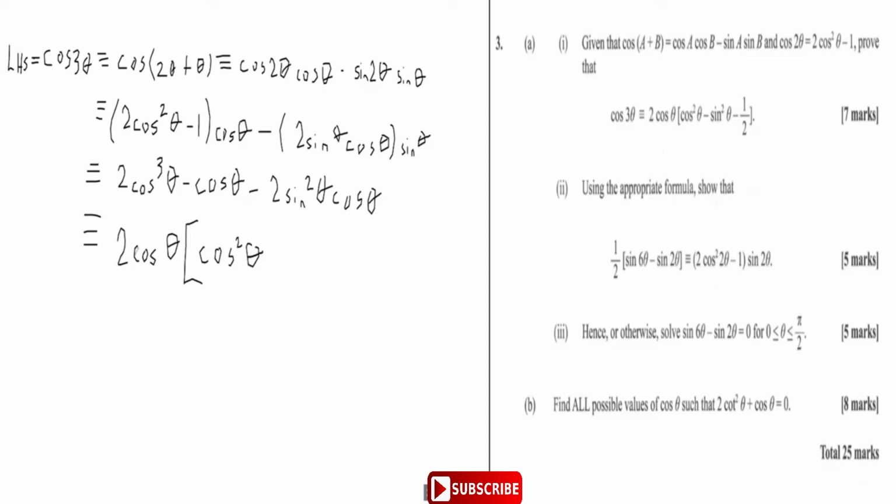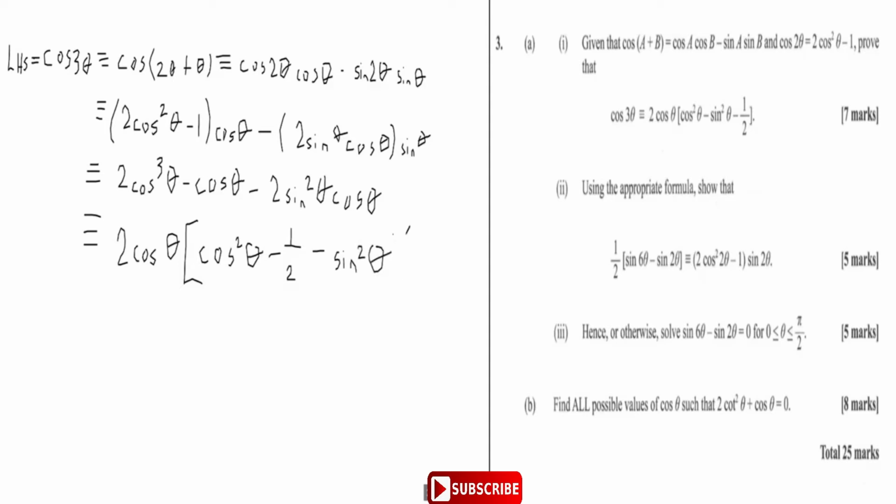Factoring 2 cos theta out of cos theta leaves me with minus a half. Factoring it out of the last term leaves me with minus sine square theta. See there.